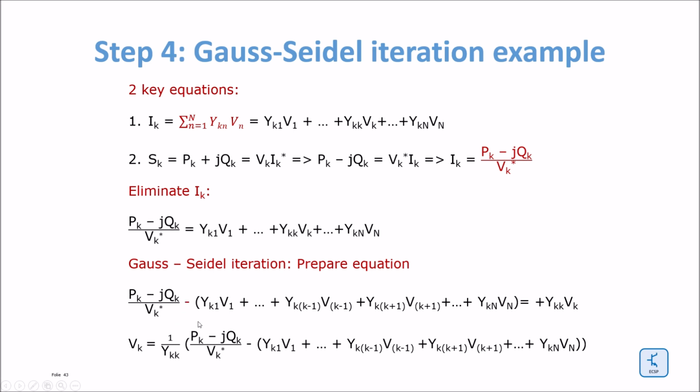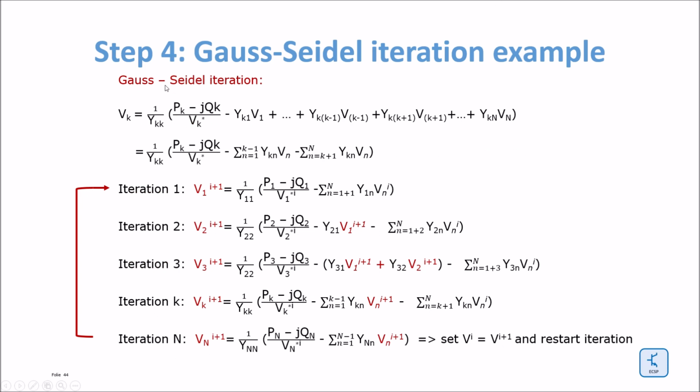And then I divide this whole term. Now I have kind of changed the sides. I take this one to the left side and this whole term to the right side, and I divide this whole term by Y_kk. And then the only remaining term on the left side is the voltage of bus k. And this is the equation I will need from now on for the Gauss-Seidel.